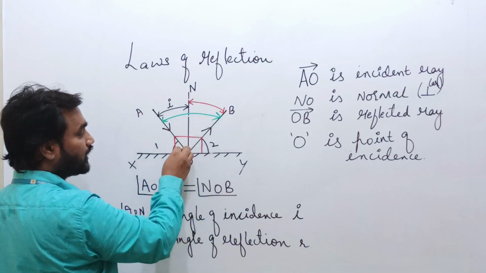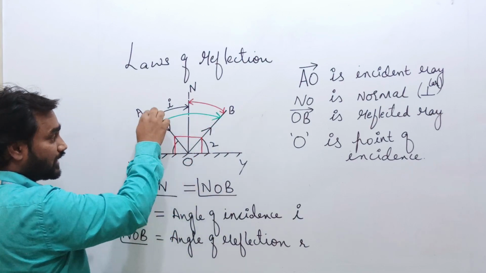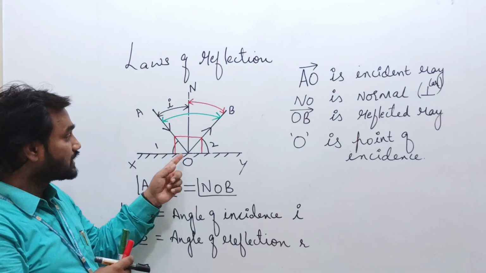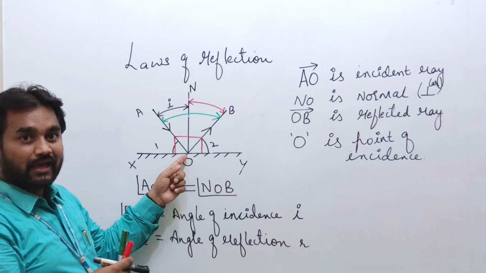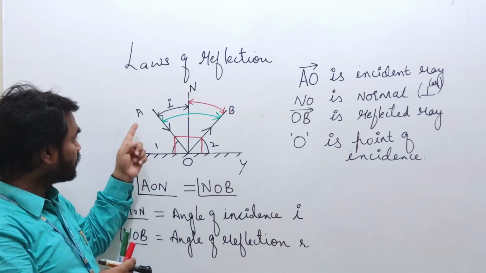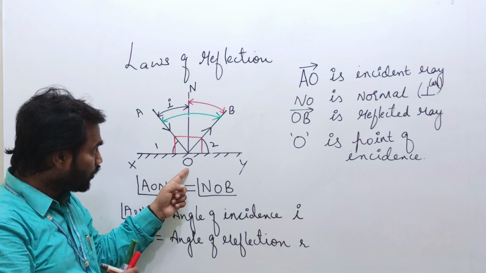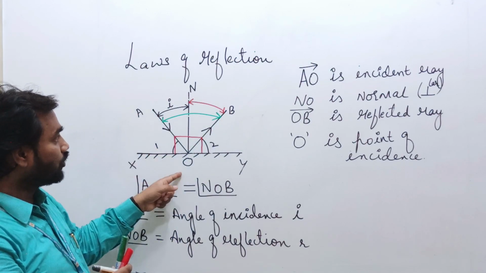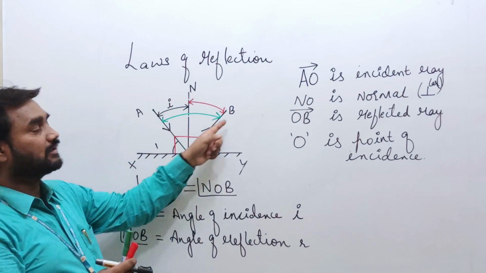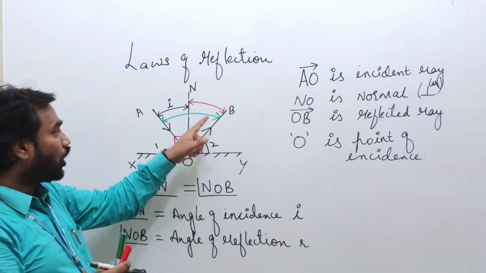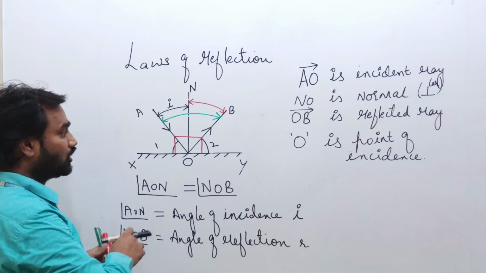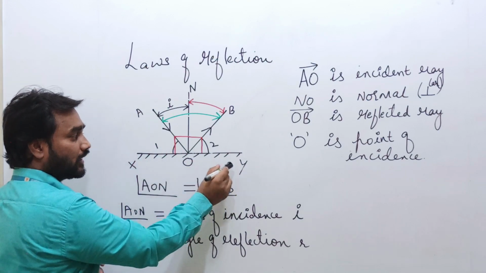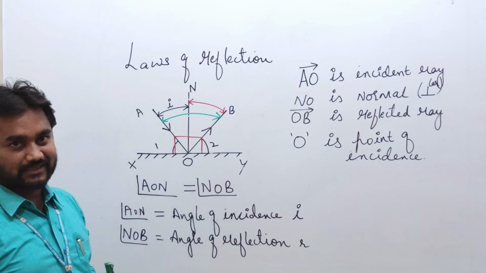All of them emerge from, or meet at, that point. So the incident ray AO, the normal NO and the reflected ray OB, all three will lie on the same plane XOY at the point of incidence.